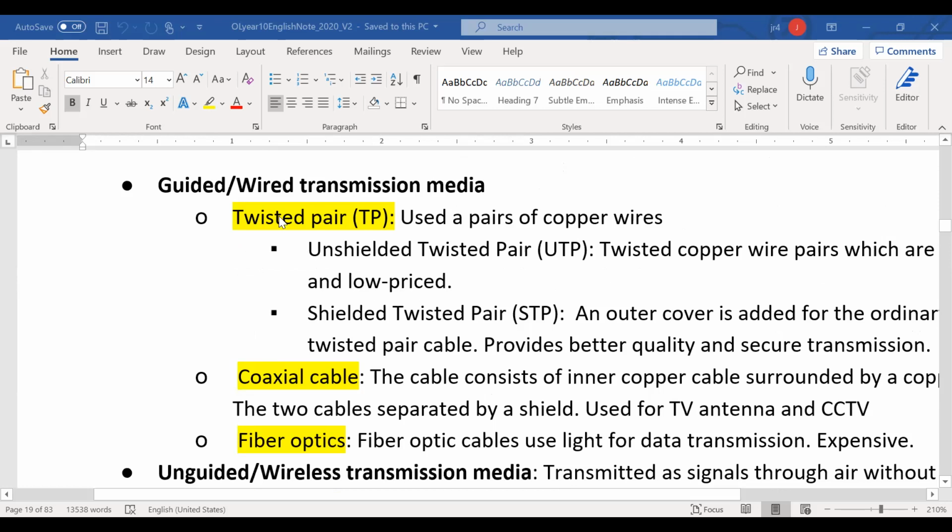Now, when we say guided media, the first one we call twisted pair. When you take network cables, we call them twisted pair cables.